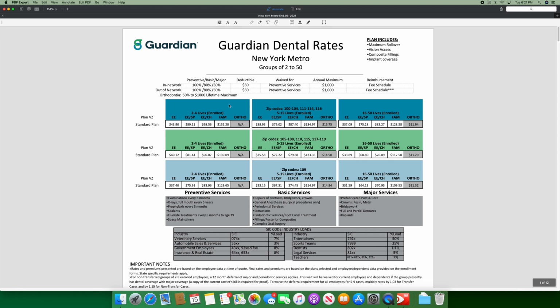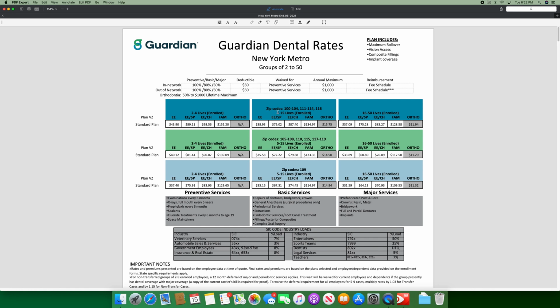So here you can see the plans in the middle. These columns are not correlated with these services. Based off your zip code and the amount of employees that are going to be enrolling in the plan, that will determine which quadrant you're going to go with. For instance, we're in Midtown Manhattan at zip code 10036. So here we have 100, so we're going to be picking this plan, VZ.